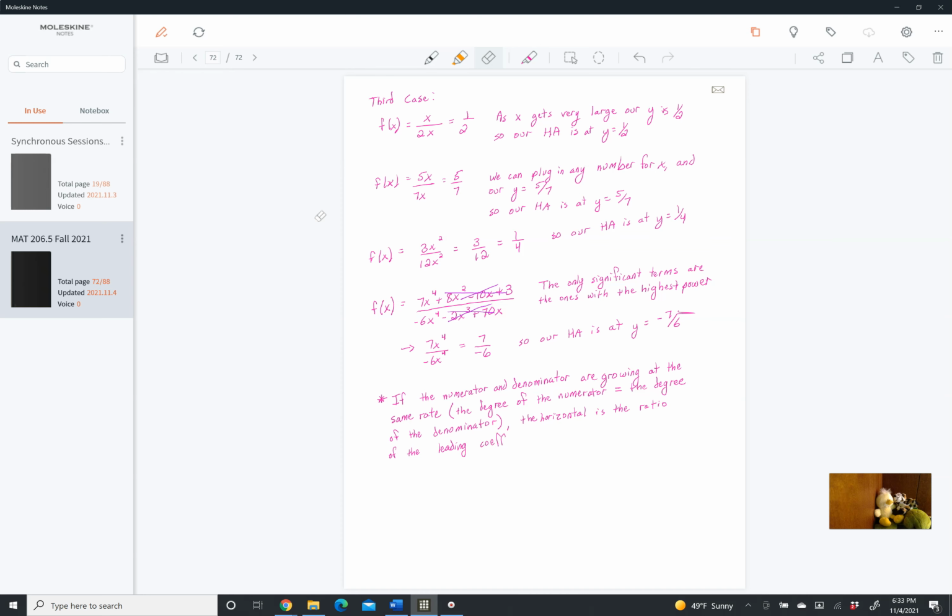Meaning y equals the leading coefficient of the numerator over the leading coefficient of the denominator.